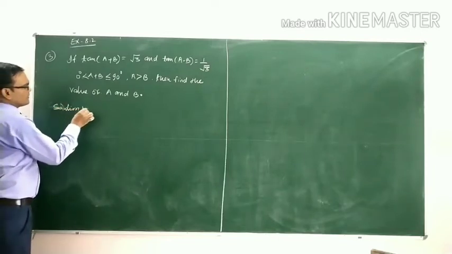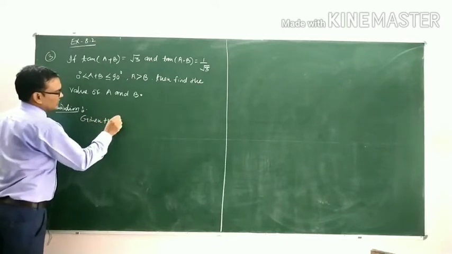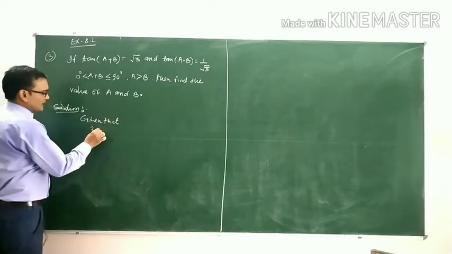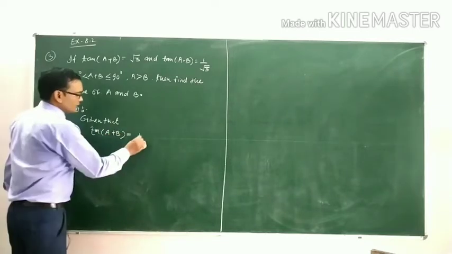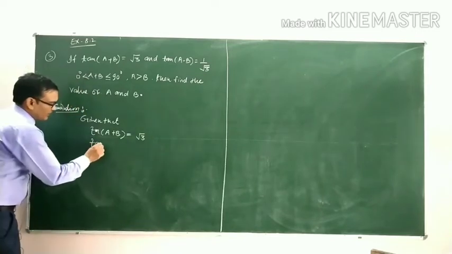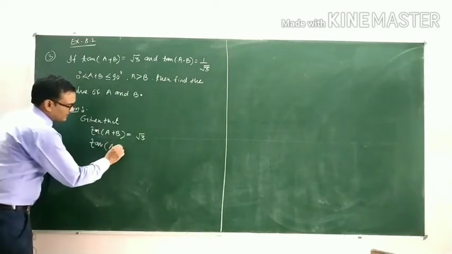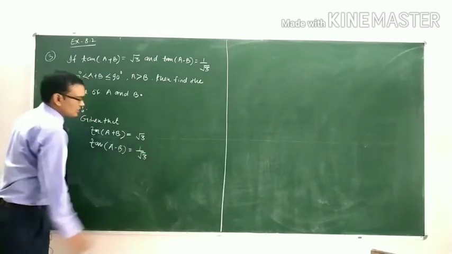In this question it is given that tan(A + B) equals square root 3 and tan(A - B) equals 1 upon square root 3.